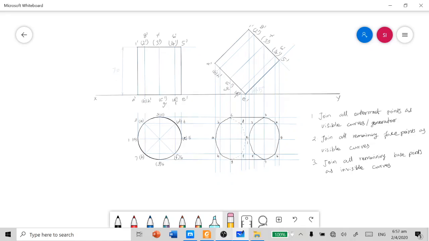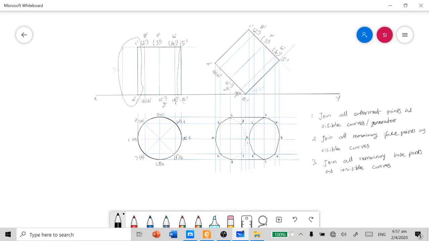And one more point here, you can note that the outermost generators only need to be highlighted by the pencil with the HB. In the first simple projection, 1 dash A dash and 5 dash E dash are the outermost generators.